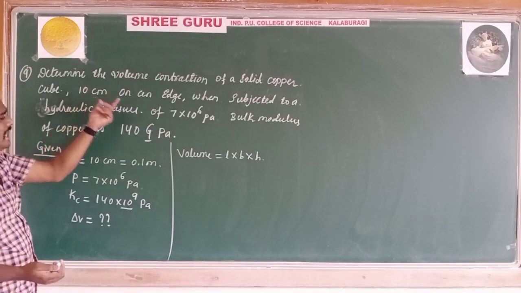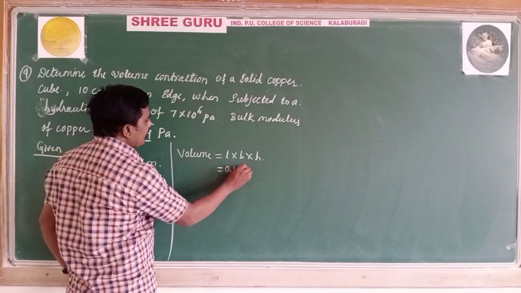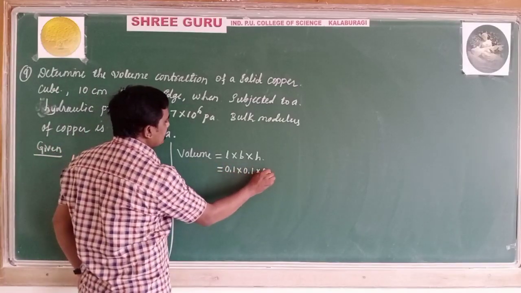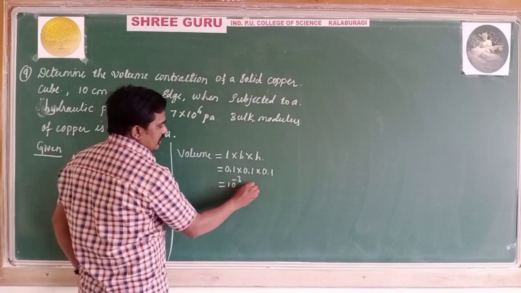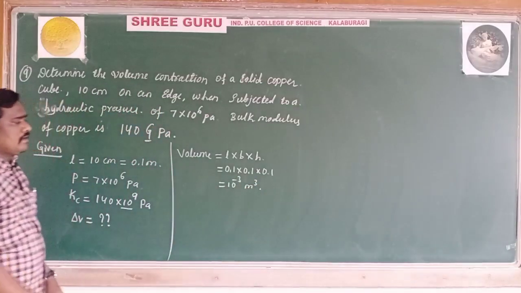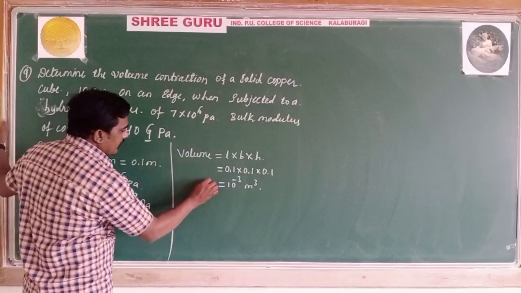So 0.1 into 0.1 into 0.1 is 10 raised to minus 3 meter cube. Volume is equal to 10 raised to minus 3 meter cube. Now this is about the volume V.